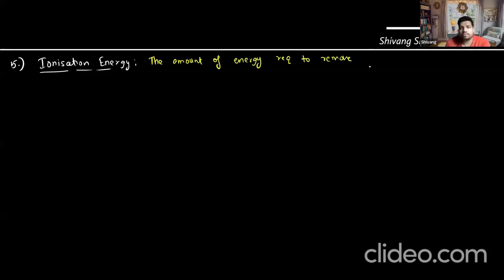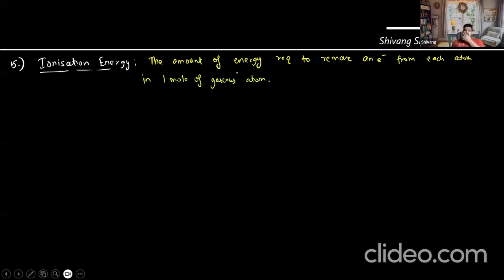Number 5, the fifth type of enthalpy change is called ionization energy. This is something you have already learned in your periodicity chapter, if you have done those chapters. It is the amount of energy required to remove an electron from each atom in 1 mole of gaseous atoms.